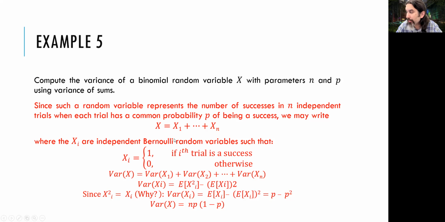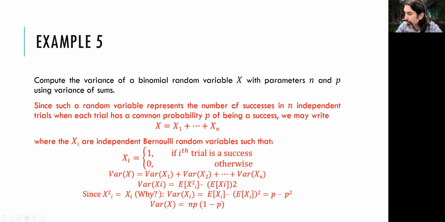So from this equation, the variance of x is equal to the sum of all their variances. To find the variance of any one random variable, we need to check these two formulas: the expected value of xi and the square of the expected value.